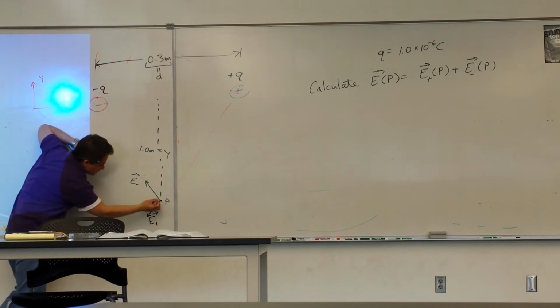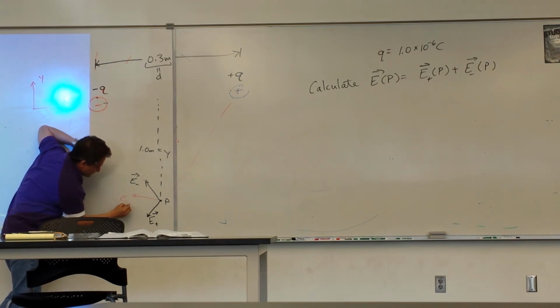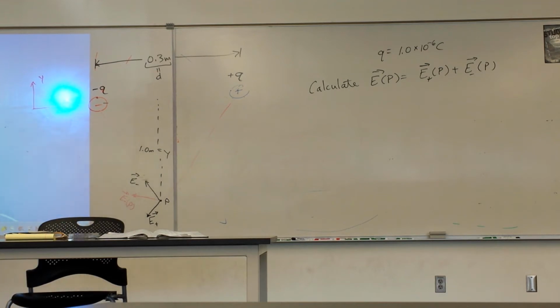So somewhere in here, we take this one and add it to that one. Something like that is going to be E at P. We've got to figure out what E plus and E minus are by components, so that we can ultimately solve this problem.